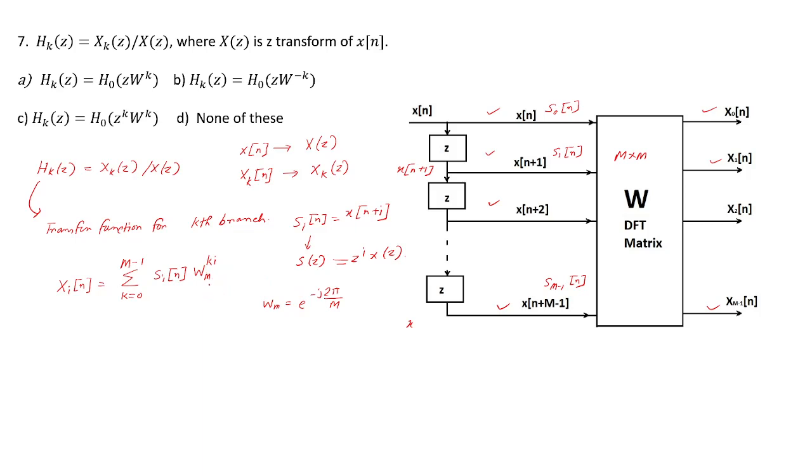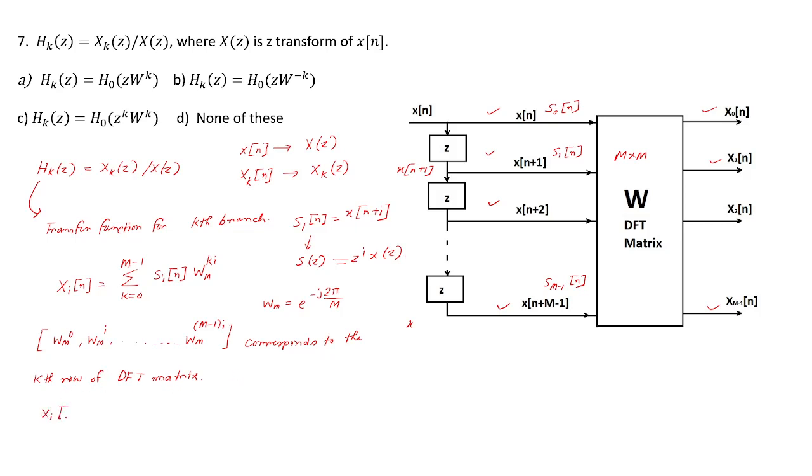This summation, omega_m to the power 0, omega_m to the power i, up to omega_m to the power (m minus 1) i, corresponds to the kth row of the DFT matrix.